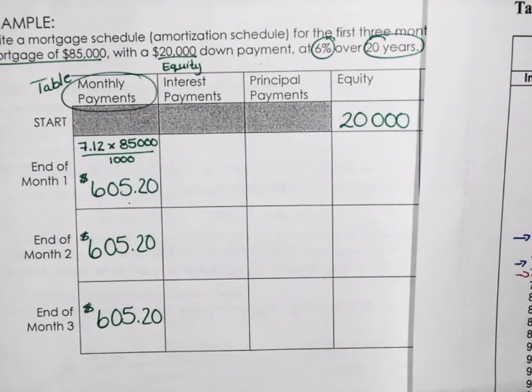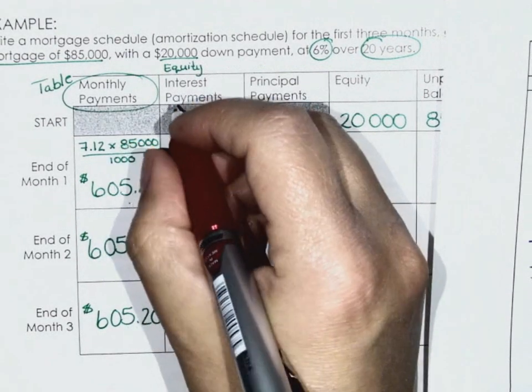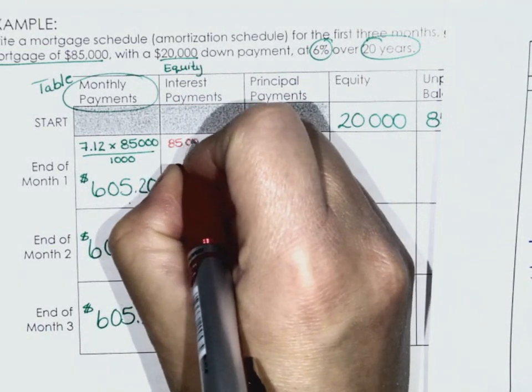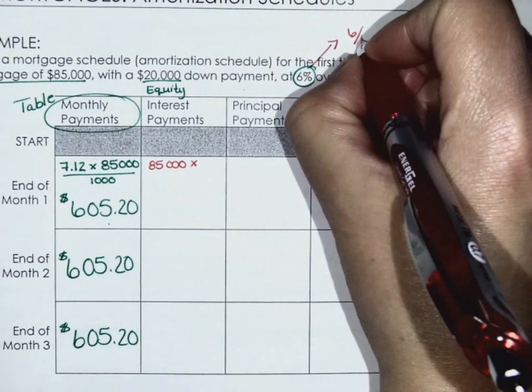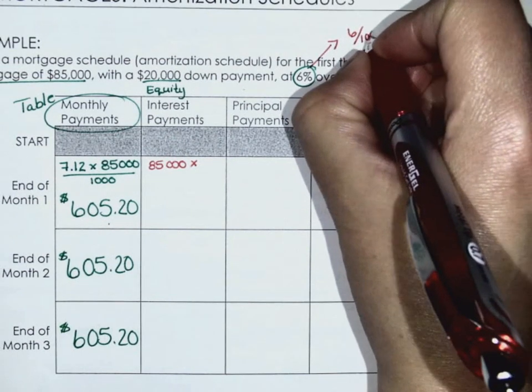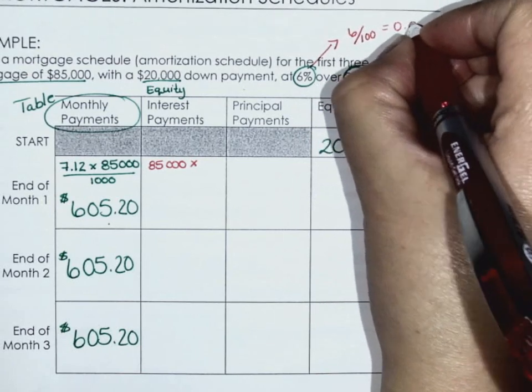Looking for a different color. Okay, so we take what we've borrowed, which is 85,000, and we're going to times it by our interest rate. So this is our interest rate. To get it into a decimal, it's going to be 6 divided by 100, which gives me 0.06.